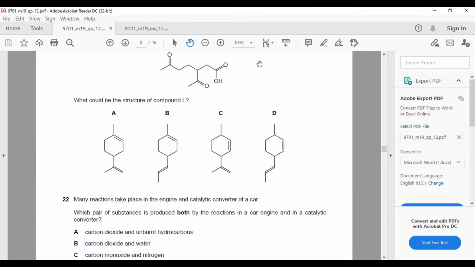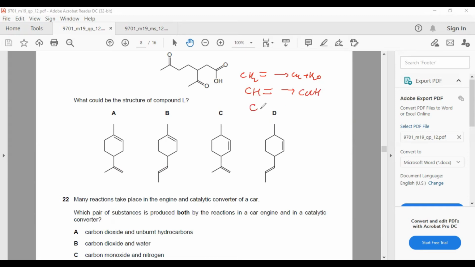21. For 21, you have to revise your reaction of alkene with hot concentrated KMnO4. I tell you, if it is a double bonded carbon with two hydrogens, it forms carbon dioxide and water. If it has one hydrogen, it forms carboxylic acid.